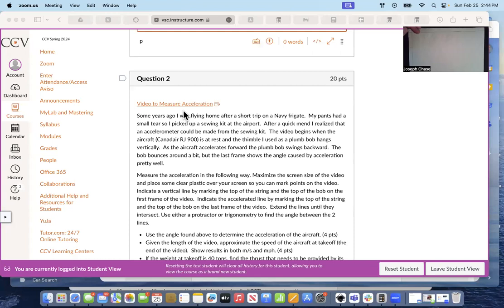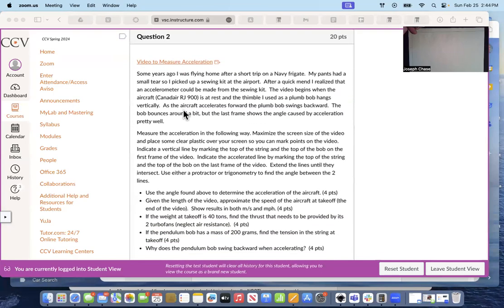And in the video, you'll see that there is a pendulum set up, and the pendulum swings backward as the plane accelerates. And the acceleration for those aircraft typically is fairly constant, although vibrations make it jump around a little bit. All right, so having done that, let's go back and take a look at our prompt.